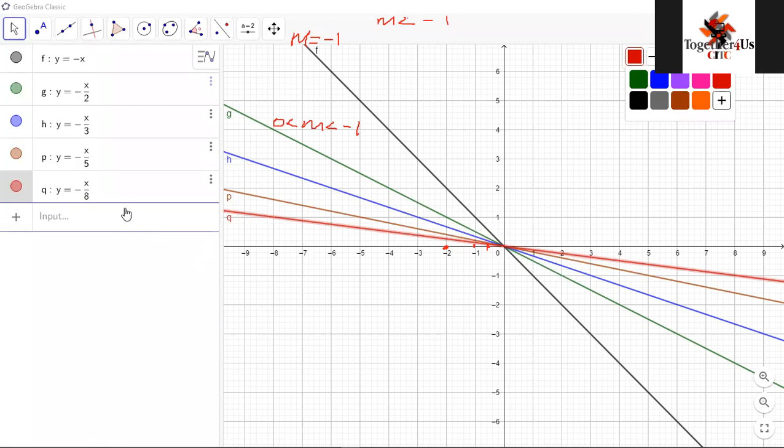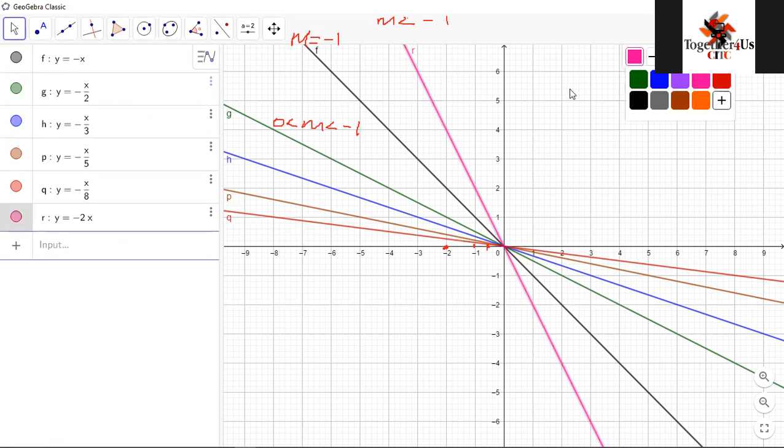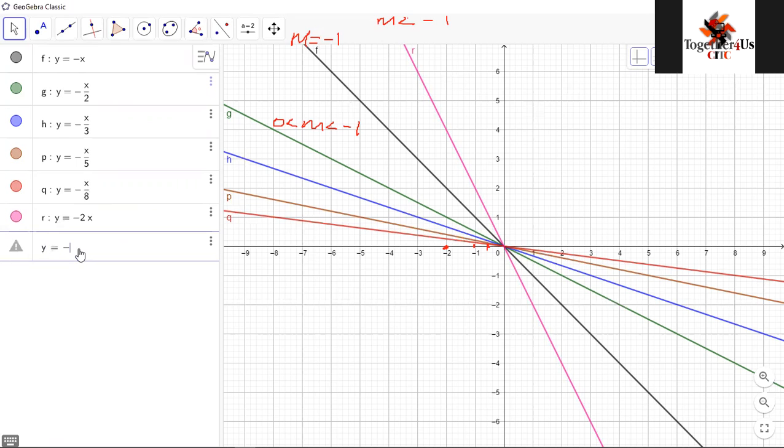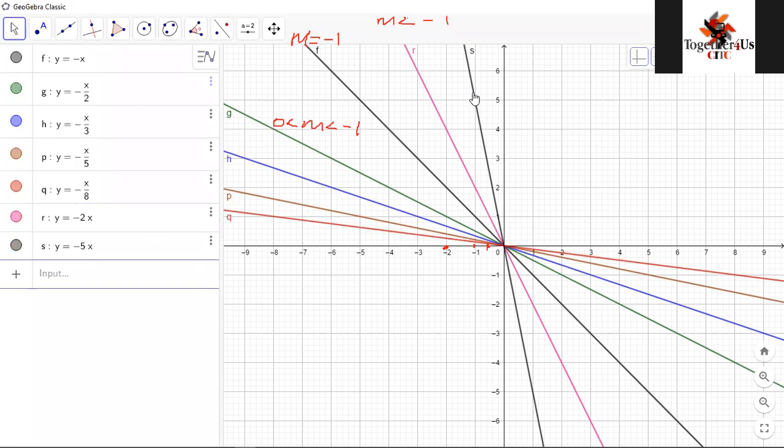It will be graphs like y equals -2x. You can see where that is going. Here it is. We can get a different color, like pink. Then let's say y equals -5x. There it is.